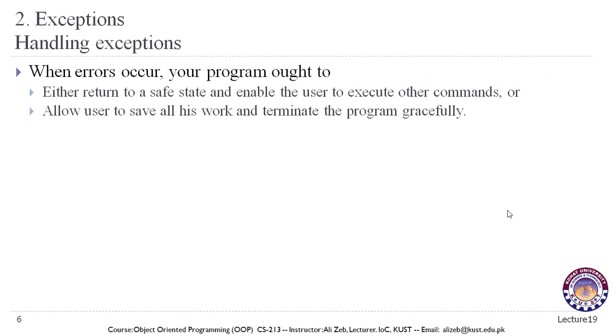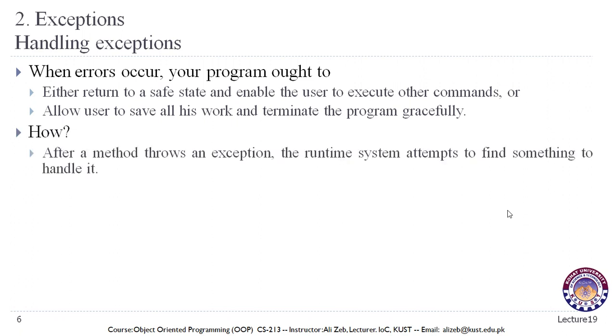It should either return to a safe state and enable the user to execute other commands. In exceptional situations, the software should guide the user to a proper handling situation, or it should allow the user to save all his work and terminate the program gracefully.